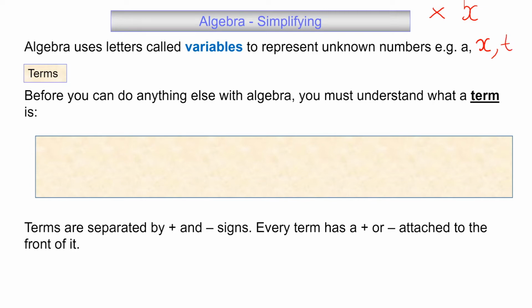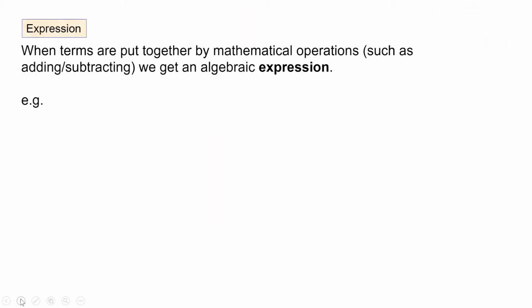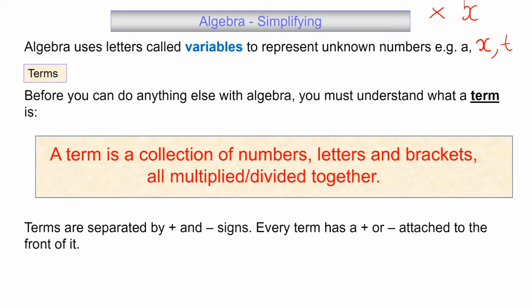First of all, we're going to be looking at terms. Before we can look at anything else in algebra, we need to know what a term is. A term is a collection of numbers, letters and brackets, all multiplied or divided together. Also, terms are separated by a plus or minus sign. For example, you may have a term like 2x, which I'll explain in a moment, and then you may have minus 3y.